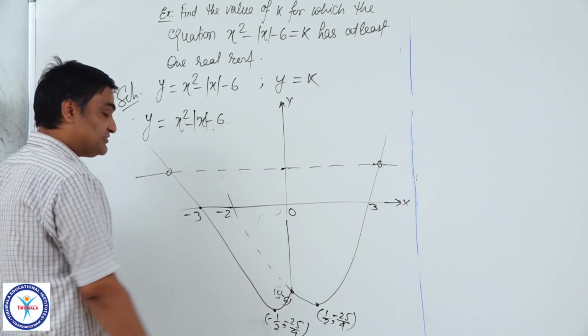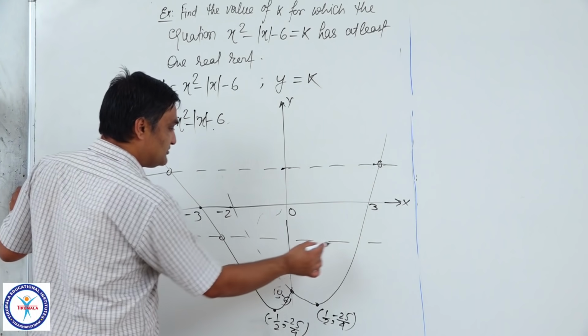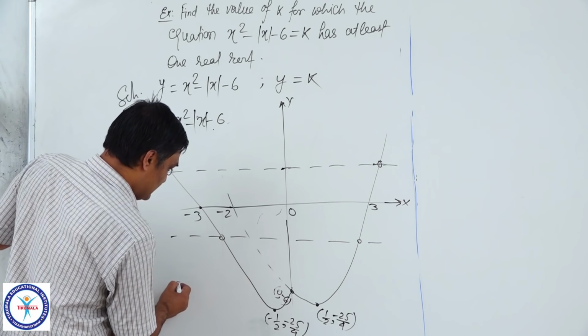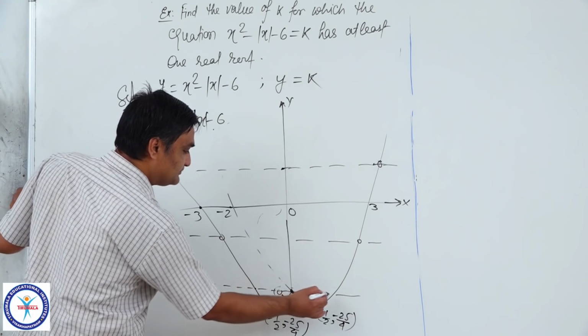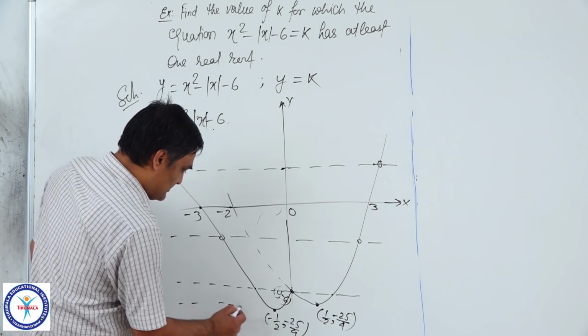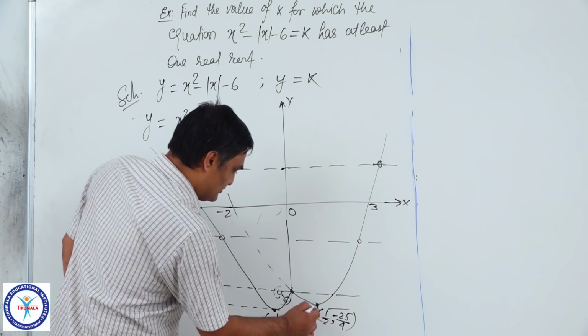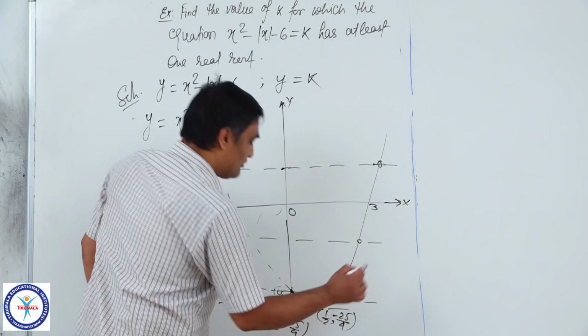Means two roots. Here, two roots. Here, three roots. Okay. Here, the last point, 2 roots, and here 4 roots.